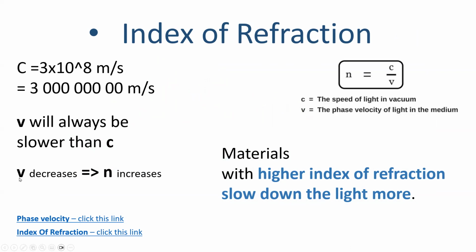So, when the speed of light in the medium decreases, then the refractive index increases. Materials with higher index of refraction slow the light more. Okay.